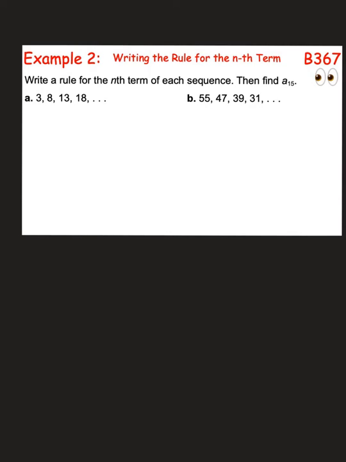So again, I start out by writing the position, so first, second, third, and fourth position. And the common difference is adding 5. So the first term is 3, d is equal to 5. I substitute into a sub n equals a sub 1 plus n minus 1 times the common difference, which is our arithmetic sequence formula.